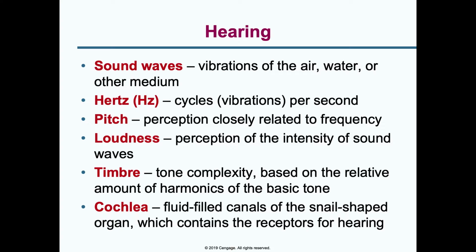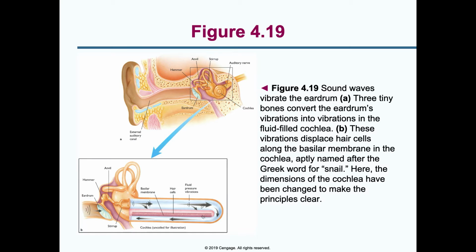Well, we have the cochlea, the fluid-filled canals, as the receptors for hearing. These canals tend to convert anything that's weak as a sound wave into a more intense one. Okay, so let's take a look at the diagram, as again, lots of parts, but pretty well diagrammed here.